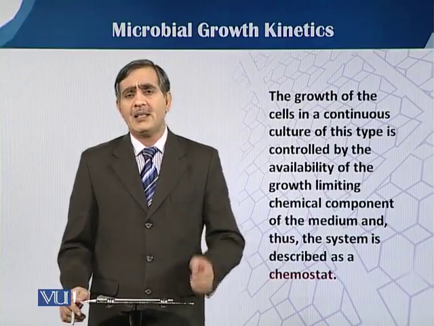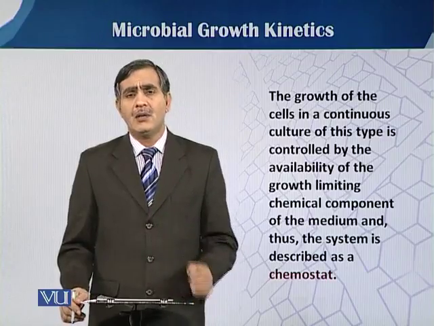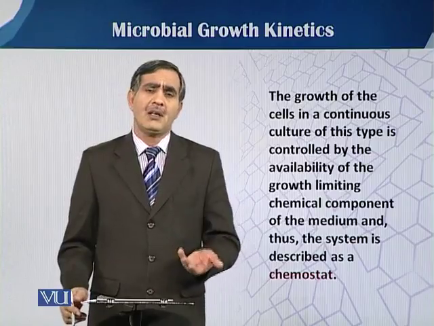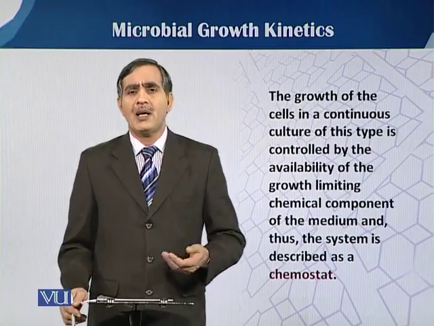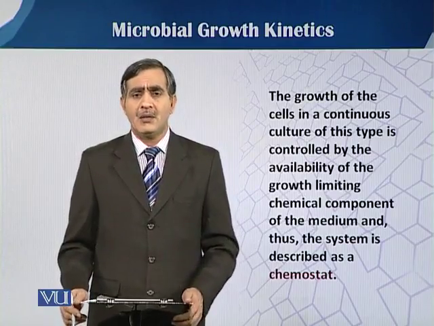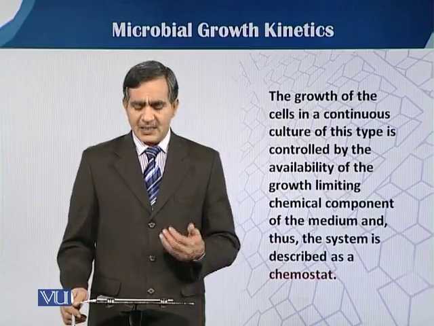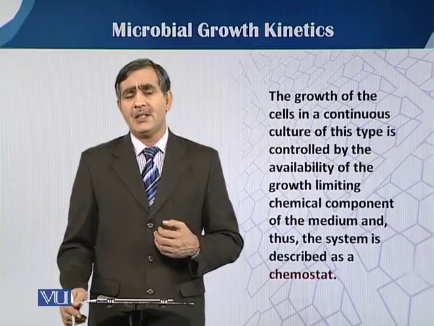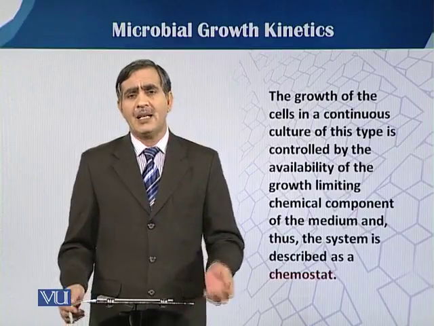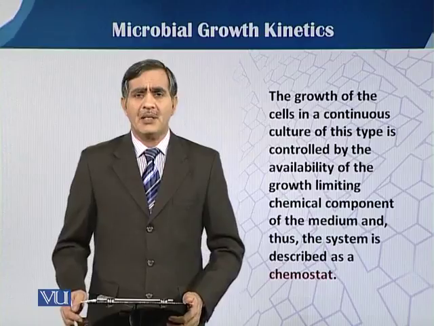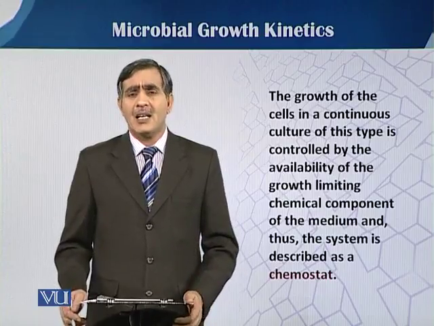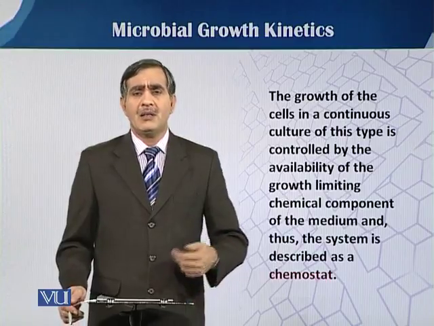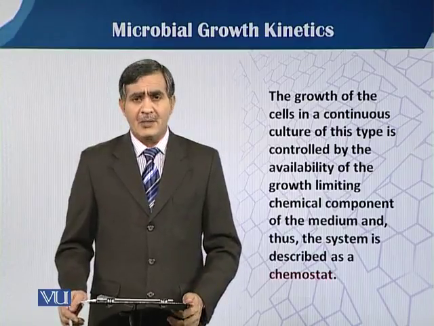Because when continuous culture is going on and we are adding media components, which are actually chemicals that provide nutrients to the organisms, we can say the growth is dependent on those chemicals. By the addition of those chemicals, that steady state can be referred to as a chemostat. And this chemostat we will discuss in detail in the later modules.